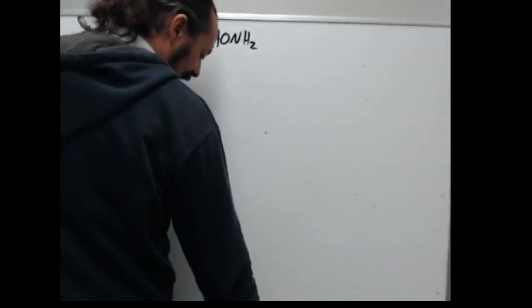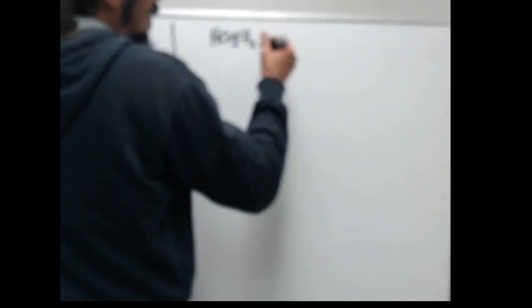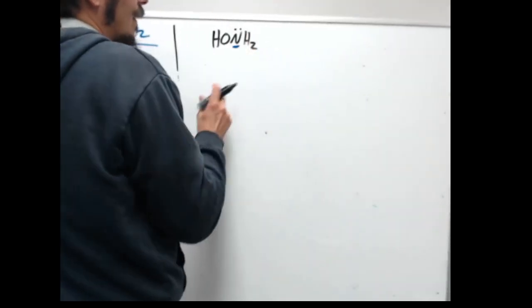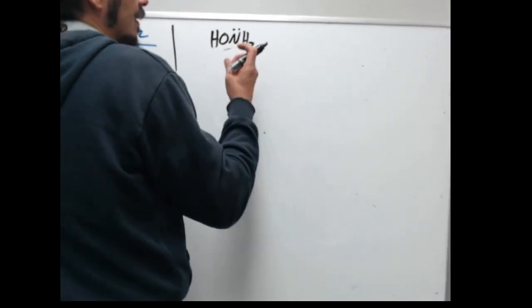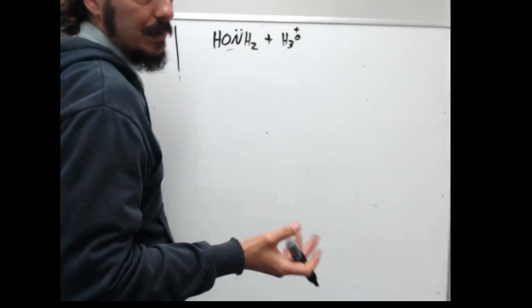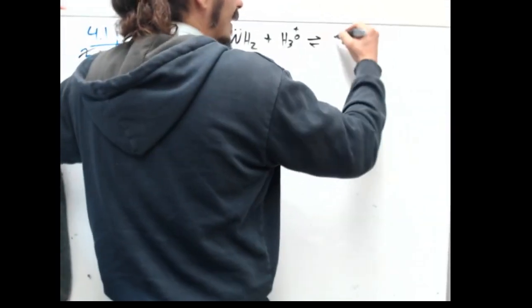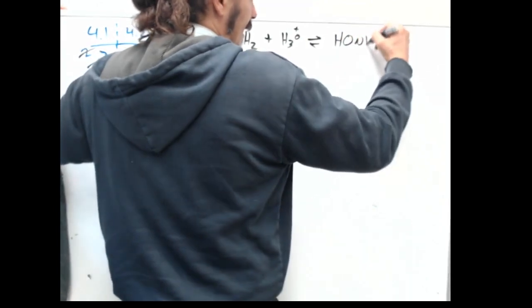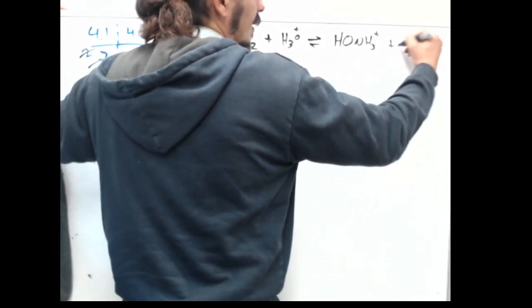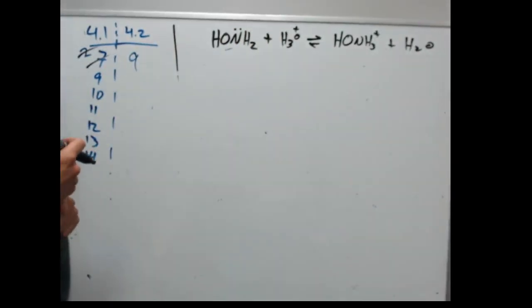It turns out that this nitrogen can behave like a base. This nitrogen can accept another proton. That lone pair on there is going to make it a proton acceptor. We're going to add, I'm just going to put it as H3O+. I know it's HBr, but I just care about the H+ from the HBr. And that's going to get us HONH3+ plus H2O. Okay, so that's going to be the chemical reaction step.